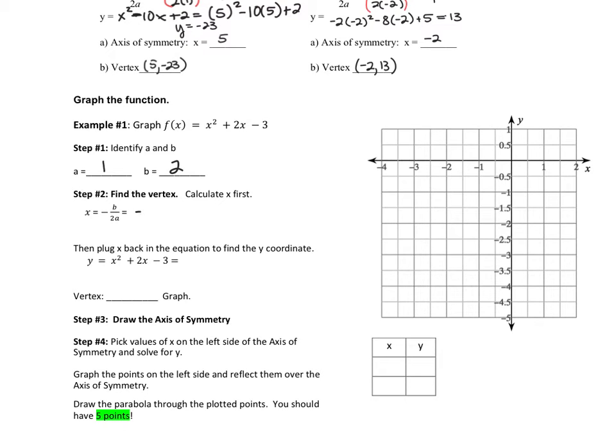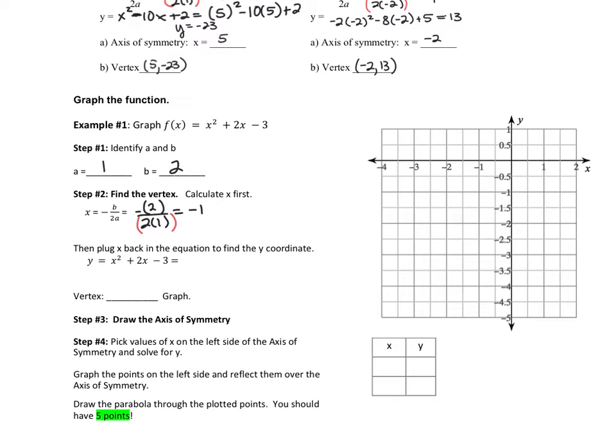We plug these numbers in to find the x of our vertex: negative 2 over 2 times 1, which is negative 1. Remember, if you put this into your calculator, you have to put parentheses around the denominator.